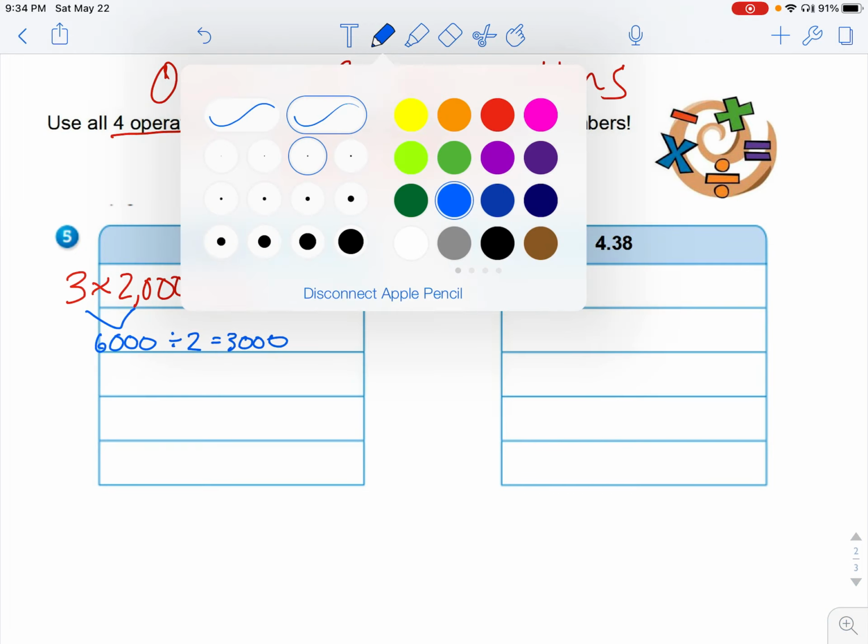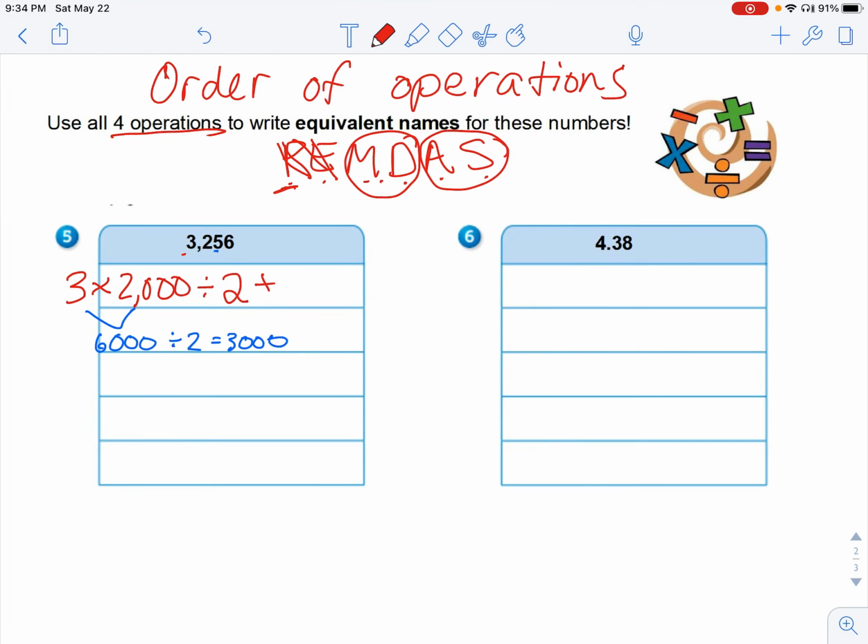So those are going to be my final steps. I came up with a really cool new name for 3,256. That is equivalent, all of that full beautiful expression.